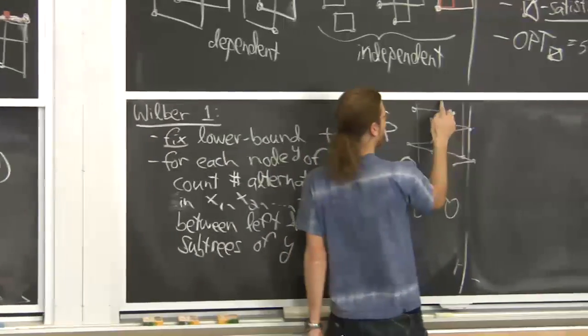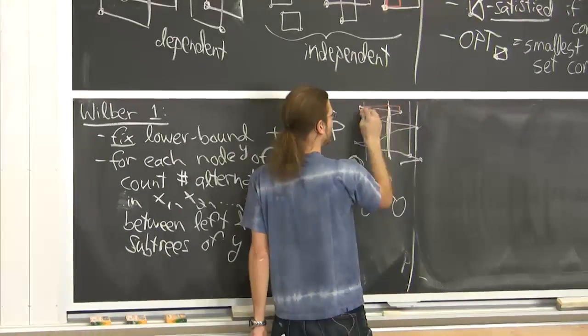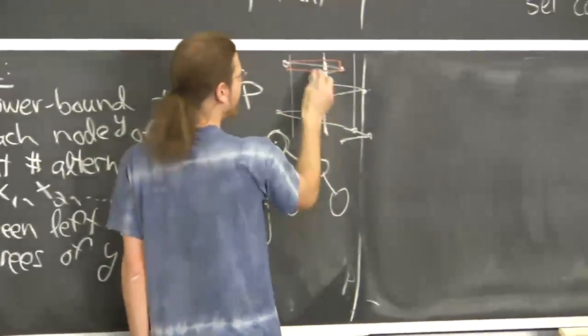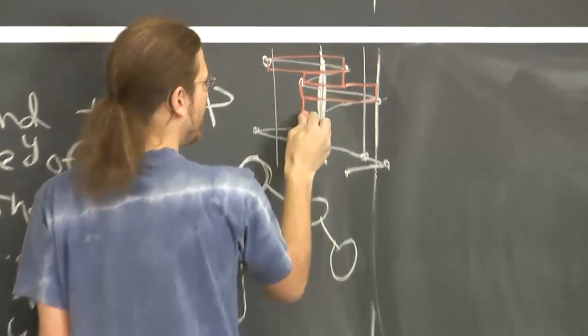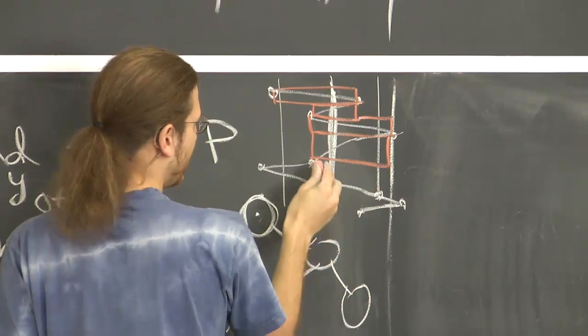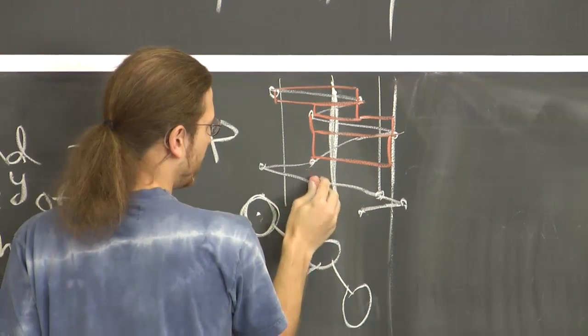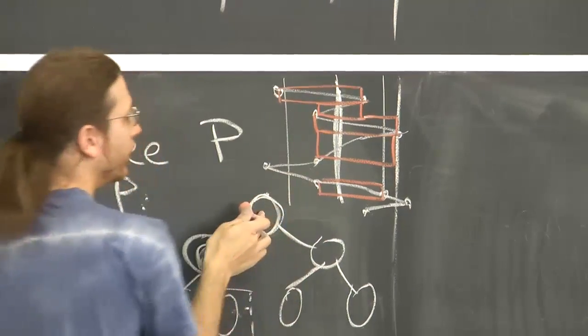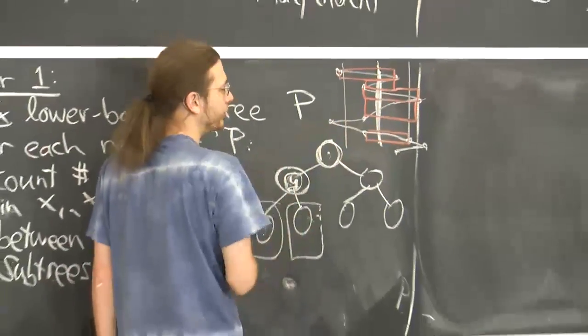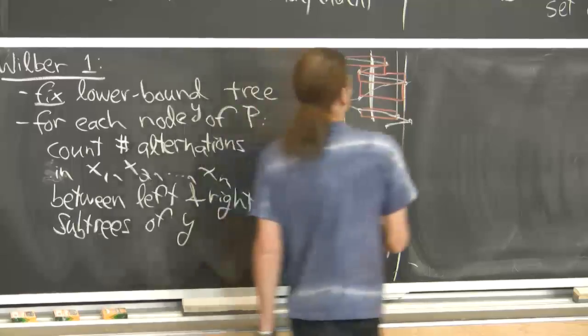So this crosses the big line, so that's one alternation between left and right here. Here's another alternation between left and right. Here's another. Here's another. And one more. Okay, so for the big line, for the root node, that's how many times you cross between left and right relative to the root.